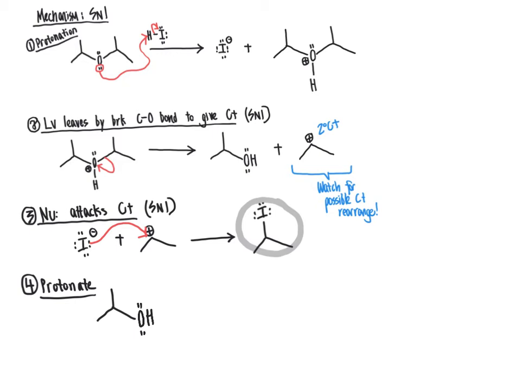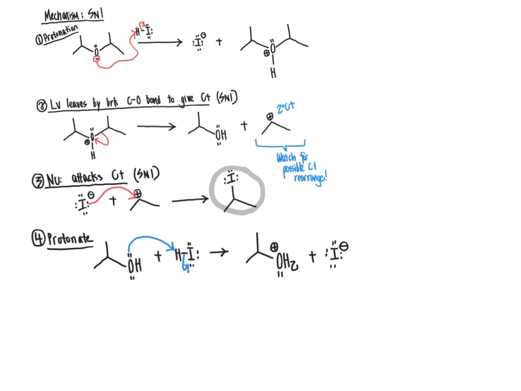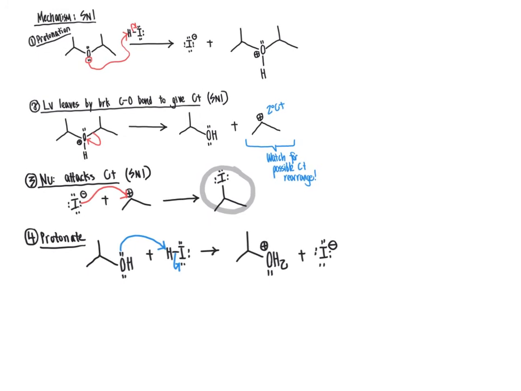And so therefore, that's going to react with our proton. Specifically, the oxygen is going to act as our base atom there, attacking the proton from HI to give us our protonated intermediate, which I will draw out here for you. So we're going to have OH2, lone pair of electrons, positive charge, and iodide anion resulting from that step as well. So now zooming out just a bit so that I can get all of the info in here.